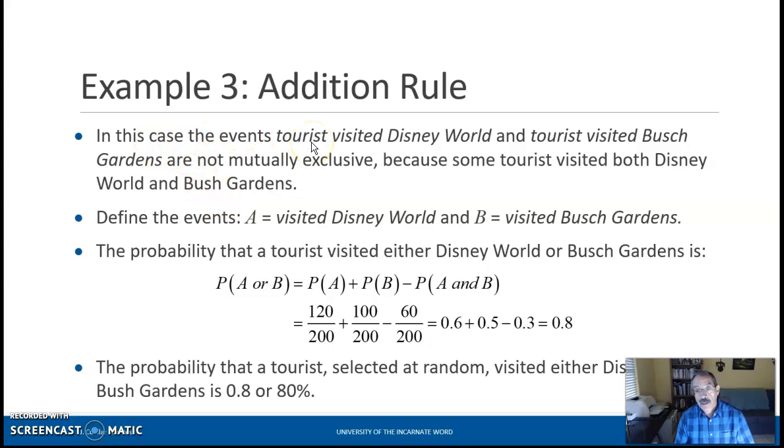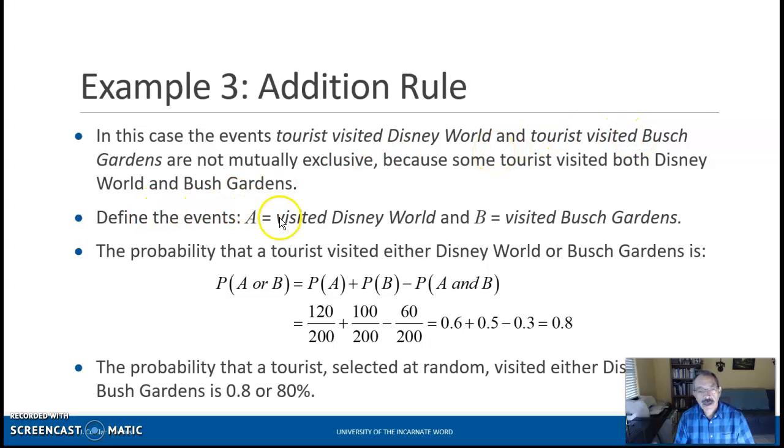All right, with those events, we can start talking about the problem. In this case, the events tourist visited Disney World and tourist visited Busch Gardens are not mutually exclusive because some tourists visited both attractions. So again, these two events are not mutually exclusive.